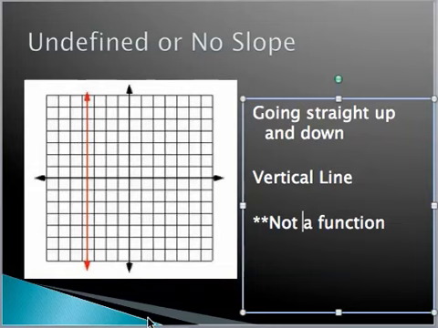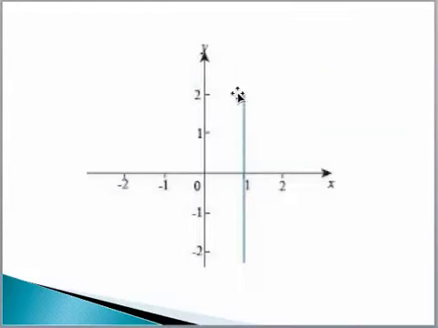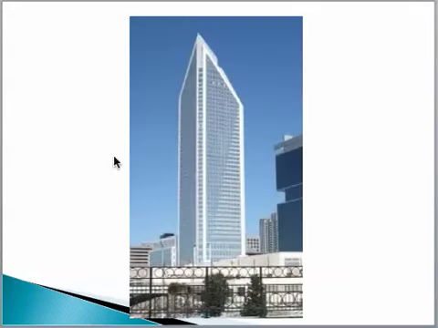You're not really going to see it a lot in algebra, but you actually do see it a lot in the real world. When you see a cliff, this is essentially undefined, because it's going straight up and down. Here's an algebra example, just going straight up and down. A building is going straight up and down, so that is undefined.